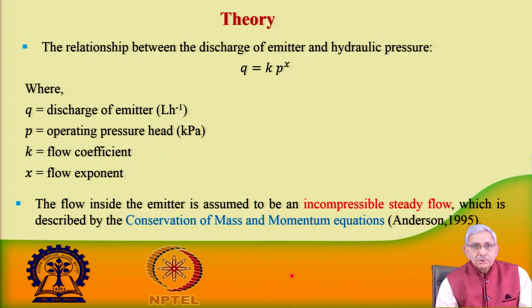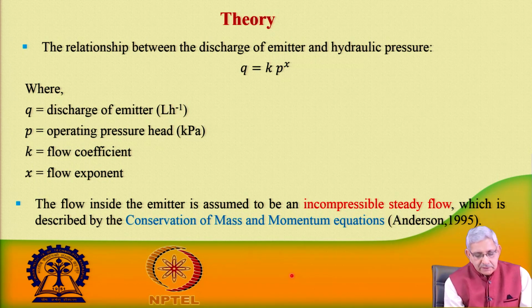Here discharge can be expressed in liter per hour. K is the coefficient, which depends upon the type of dripper and how the flow takes place, and x defines the particular type of emitter. I have already discussed this in a previous class, and when we conduct the laboratory experiment you will learn further about this.